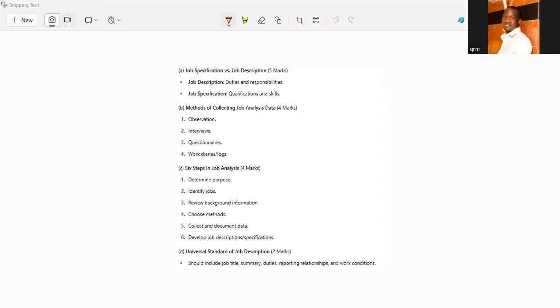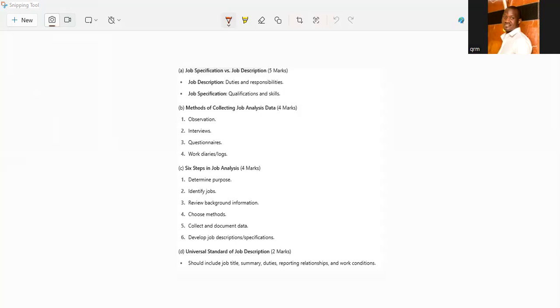What is the description of a procurement officer? Mainly about inventory and buying. Okay, so you cannot put a job description for a procurement officer over as an accountant. They are different.